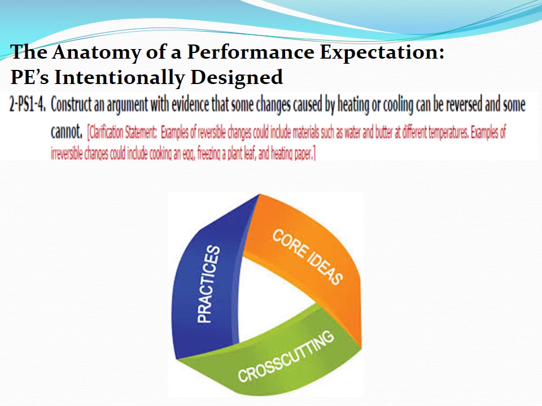So the symbol that you will see is this Mobius strip showing that every standard has a practice, a core idea, and a cross-cutting concept. Again, core ideas are not the standards, but they are part of every standard. Cross-cutting concepts are not the standards, they are part of every standard.